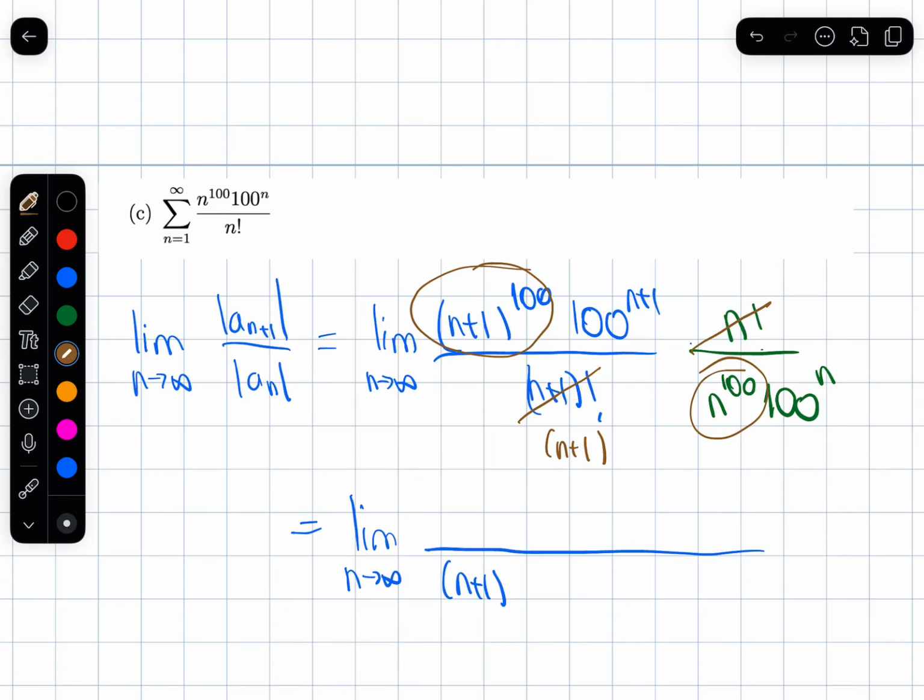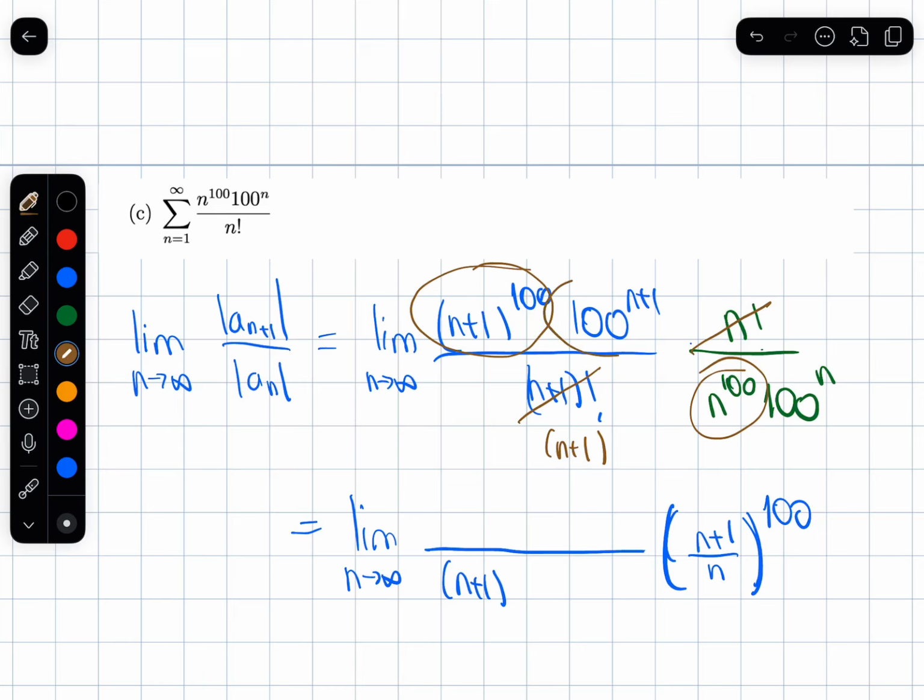These I can again write under the same exponent. I can write n plus 1 over n to the power of 100.